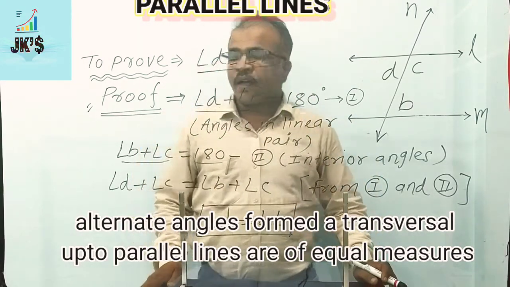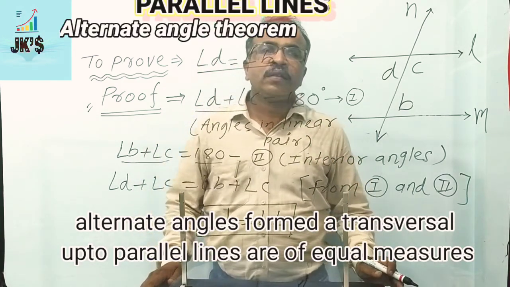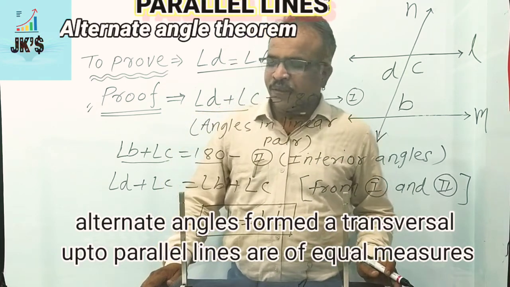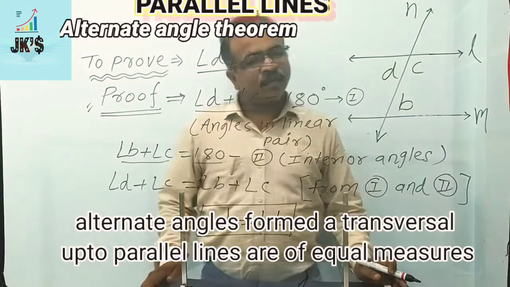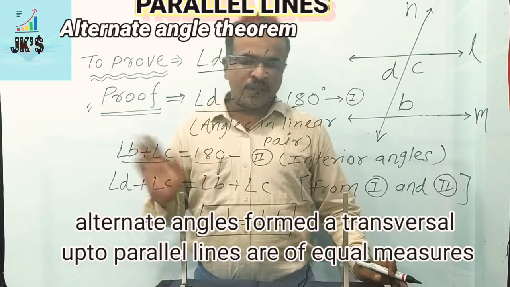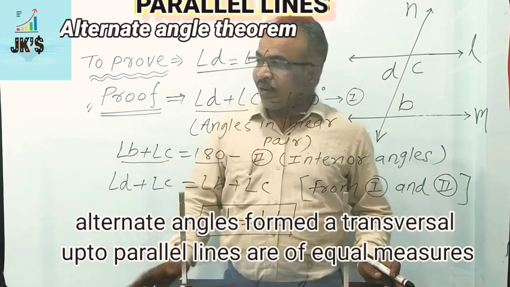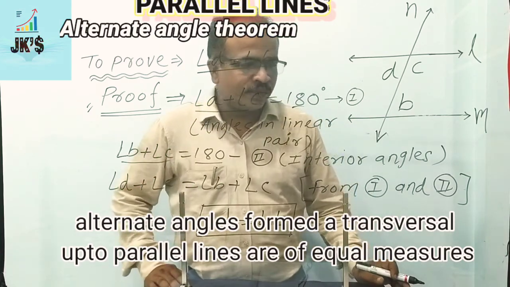The alternate angles formed by a transversal of two parallel lines are of equal measures. Similar to the previous, but that one was the corresponding angle theorem and this is the alternate angle theorem.